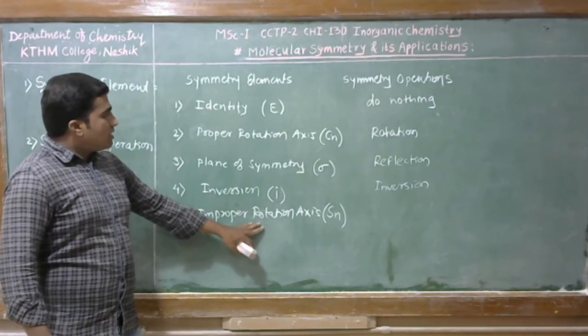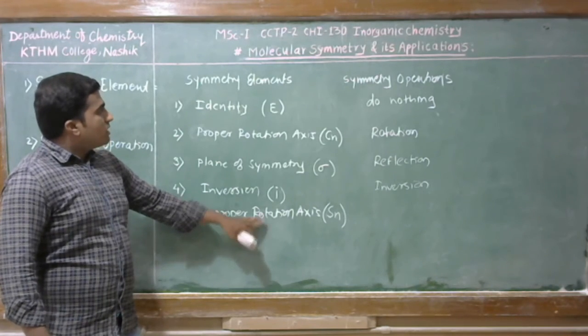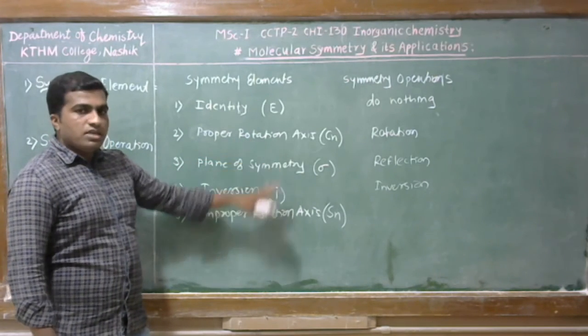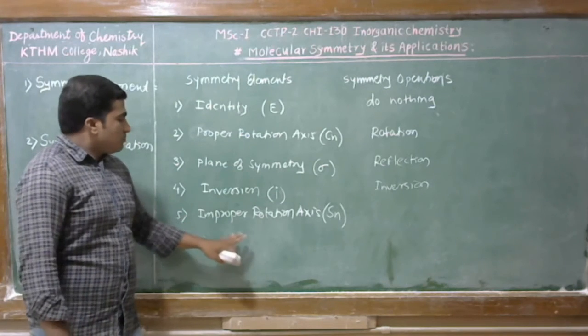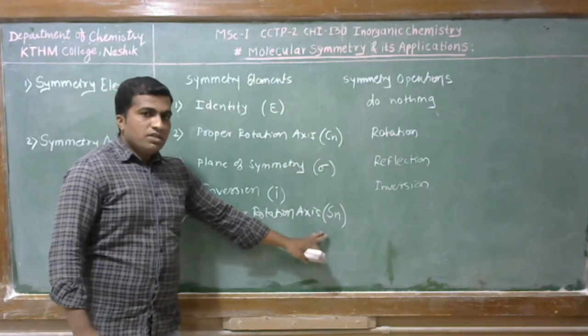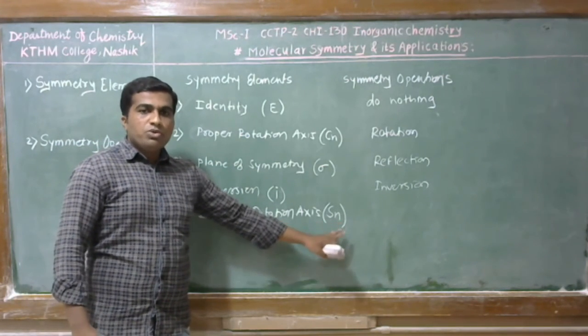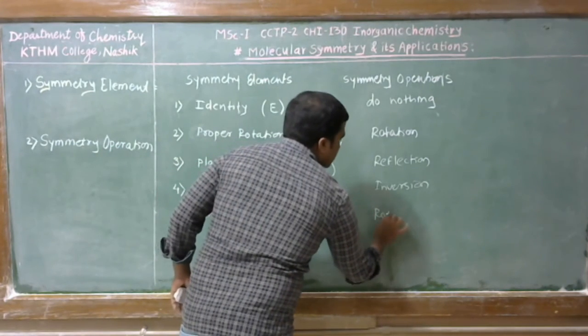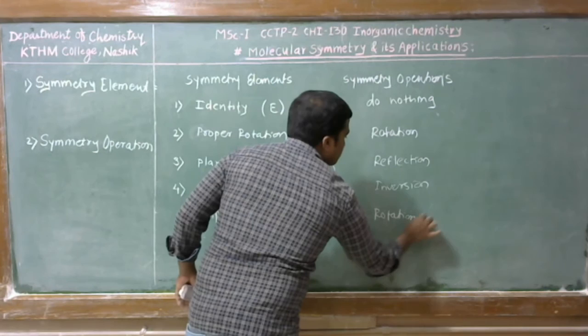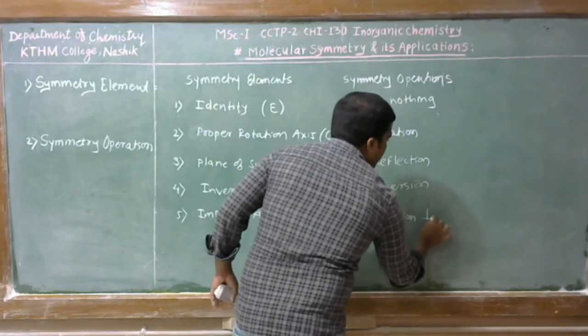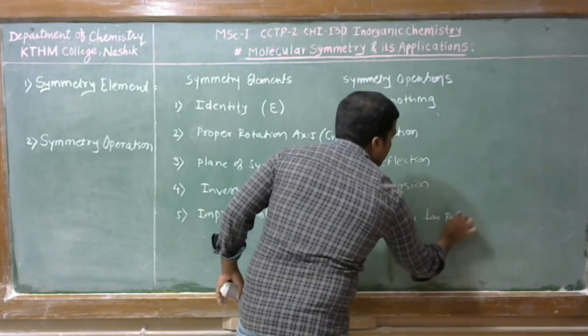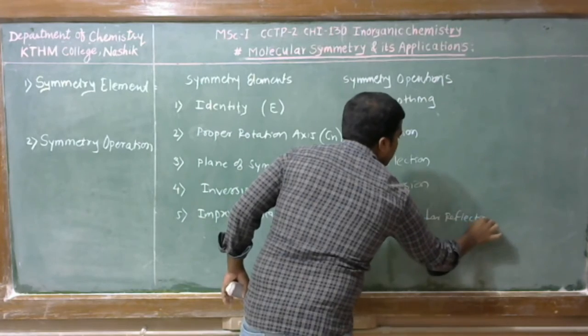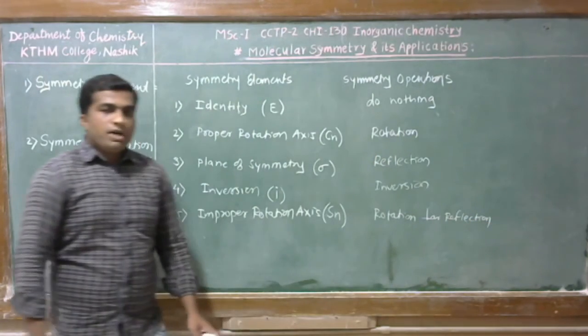This symmetry element is generally similar to the proper rotation axis, but the difference is that in improper rotation axis, first of all, we have to rotate the molecule, means the rotation followed by reflection. Okay, rotation followed by reflection.